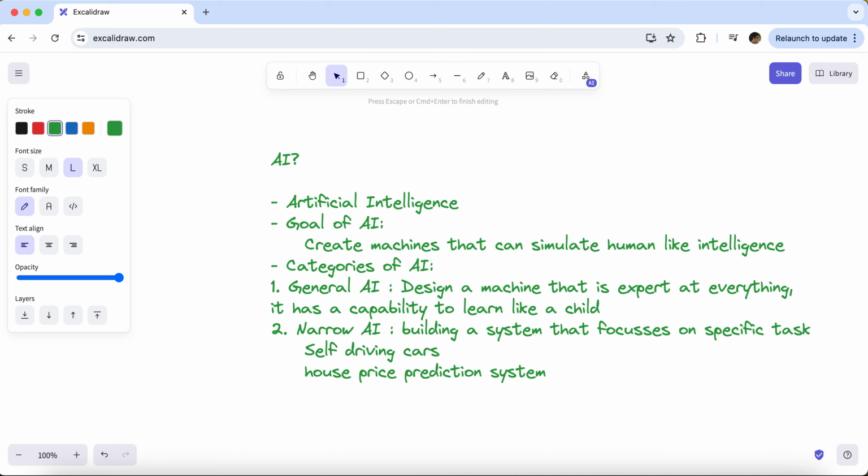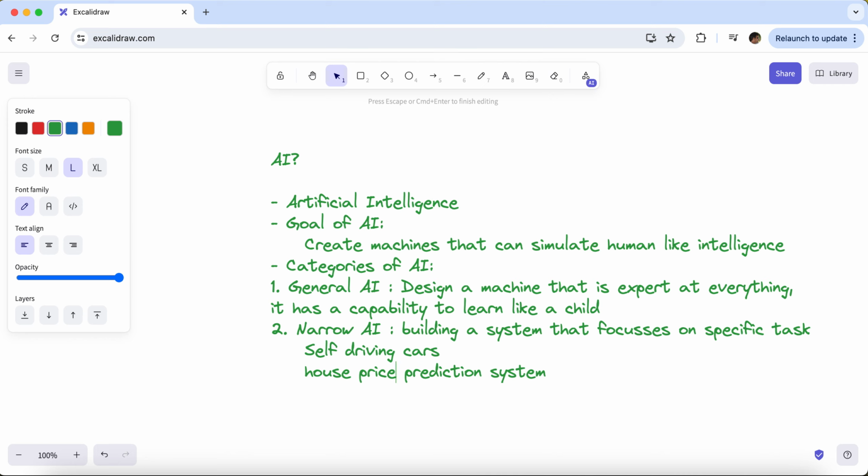And nowadays, whatever is going into the field of artificial intelligence generally comes into the narrow AI category. Lots of research is happening in narrow AI.